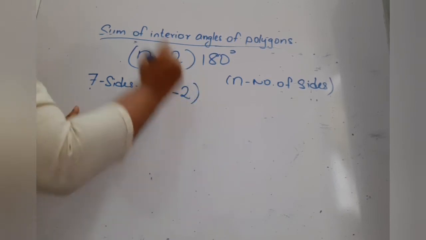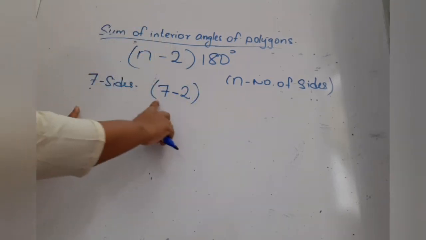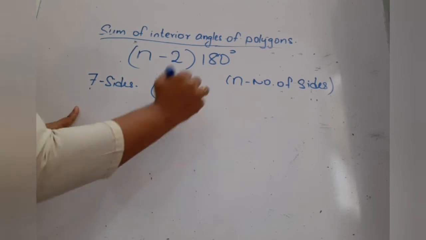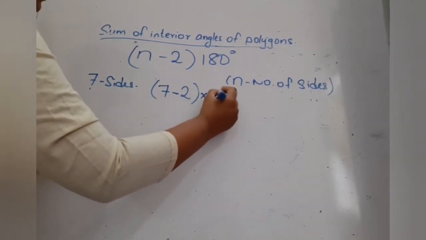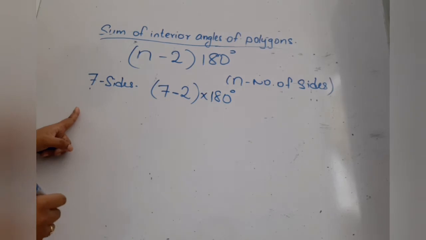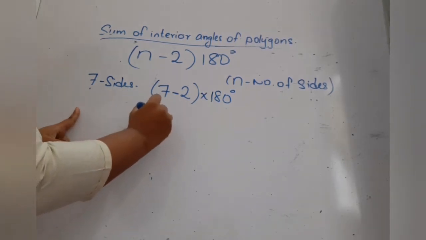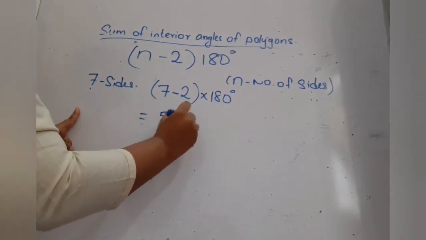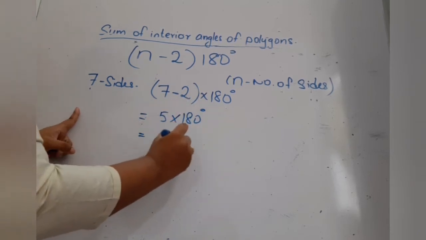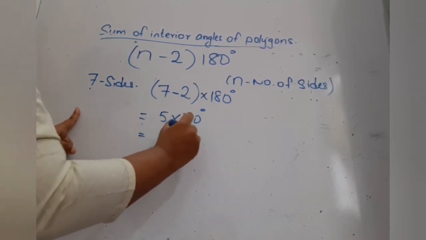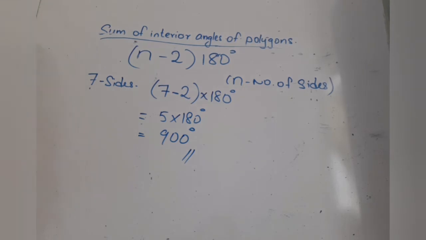That means if you make triangles, there will be 5 triangles in there, times 180 degrees. So the answer is 5 times 180 degrees, which is 900 degrees. So this is the sum of all interior angles. You can use this formula hereafter in order to find the sum of interior angles.